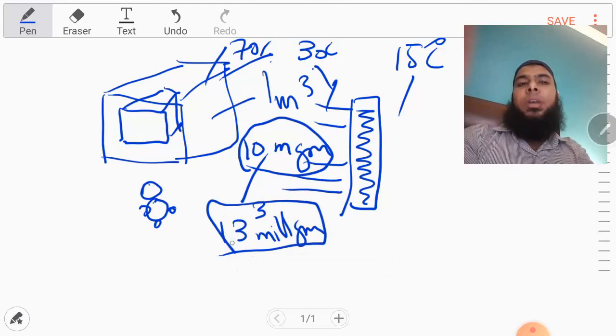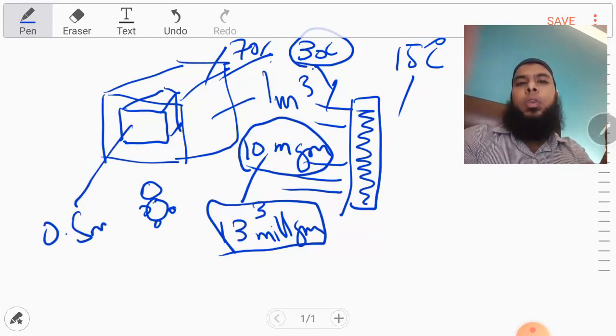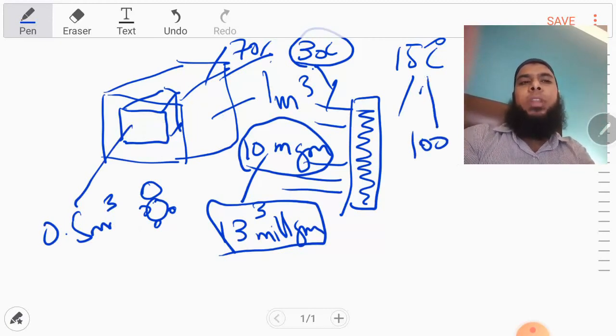But after gaining 30 milligrams of water at 30 degrees centigrade, the air cannot hold further water. So if water is added to the system, or if the volume shrinks, like from 1 cubic meter to 0.5 cubic meter, the relative humidity increases.